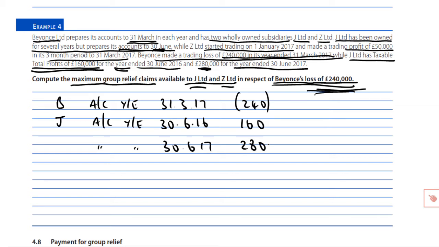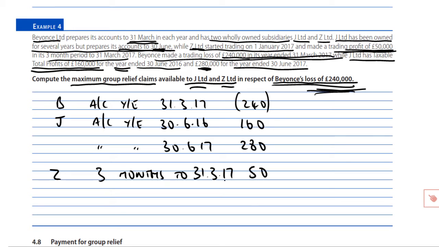So that's down to you, therefore, to now do those time apportionments. What you'll then have with your new startup Z Limited there, Z had 3 months to the 31st of March 17, in which it made a profit of £50,000.